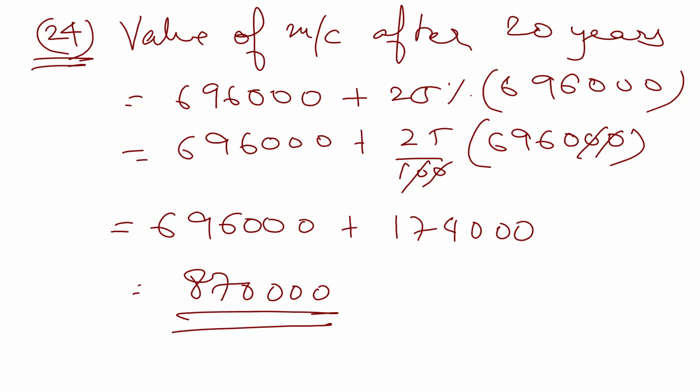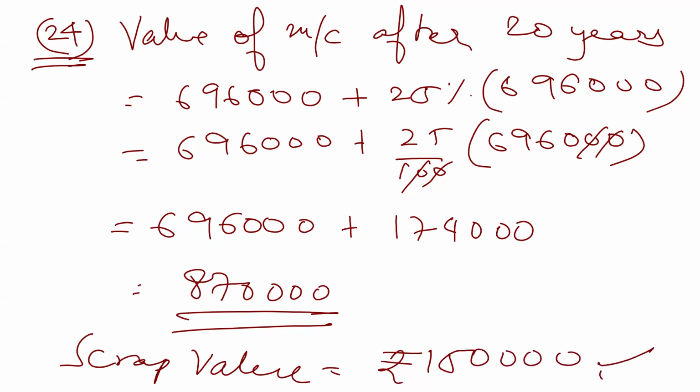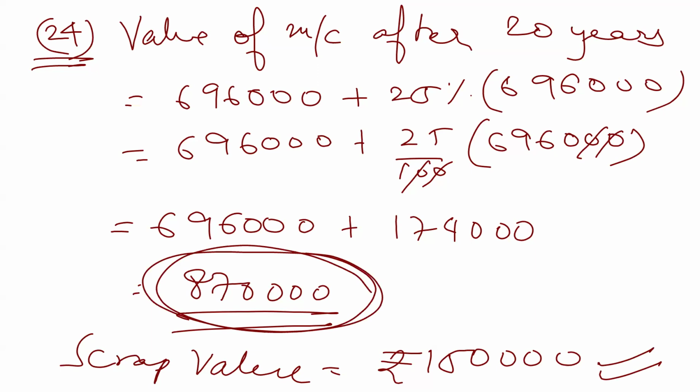But while purchasing a new machine after 20 years, he will sell off the old machine, which will give him a certain amount in his hand. So scrap value is present in the problem. So this benefit he will get. Ideally he needs 8,70,000, but due to scrap value, this will go further down.